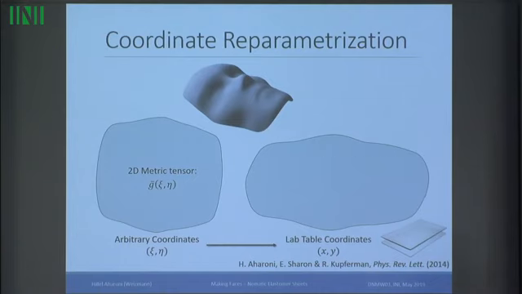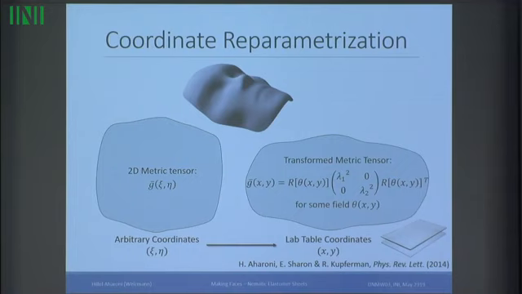In those coordinates, as I said before, the metric tensor should look like this. And now how to transform a metric tensor from one set of coordinates to another is quite well known. So I want to find a transformation which takes me to a new metric tensor which everywhere looks like this. So my target geometry, for some field theta of x and y.